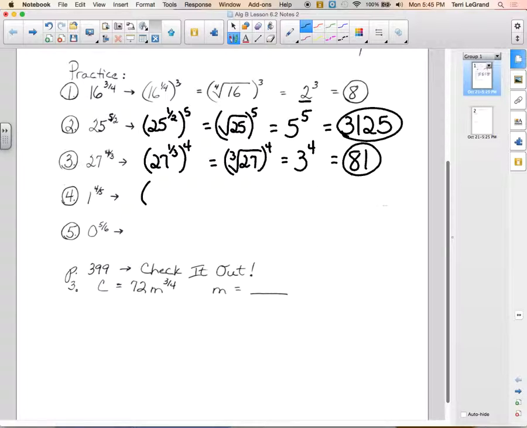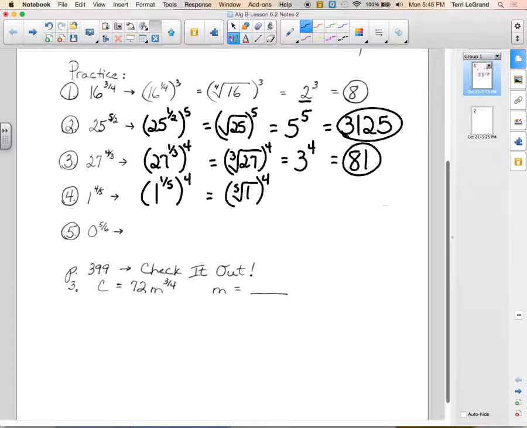This can be rewritten as 1 to the 1/5 power, and that's going to be taken to the 4th power. 1 to the 1/5 power means find the 5th root of 1, or in other words, what times itself 5 times gives you 1, and then take that to the 4th power.